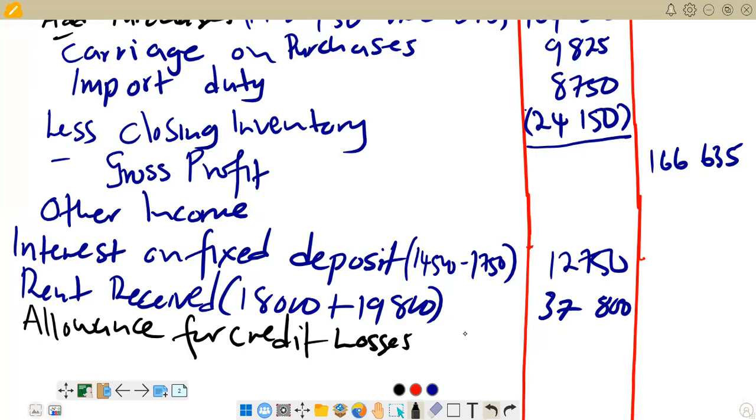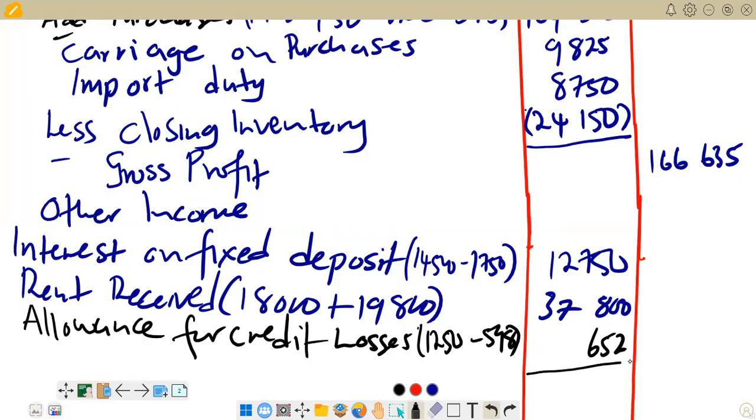Remember, the last calculation that we made was 1,250, then we subtracted 598. So this is the calculation that you are just supposed to show in brackets, the last calculation. The pre-calculations, you cannot include them, but the last, that is going to lead you to the final answer that you are going to put here. So if you subtract there, we got 652. So that's what we have in allowance for credit losses. So that marks the end of our other income that we have there.